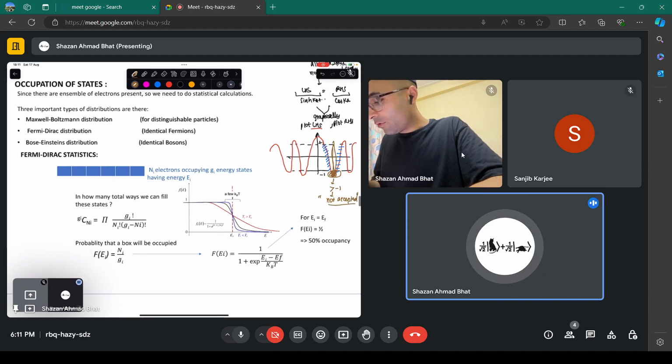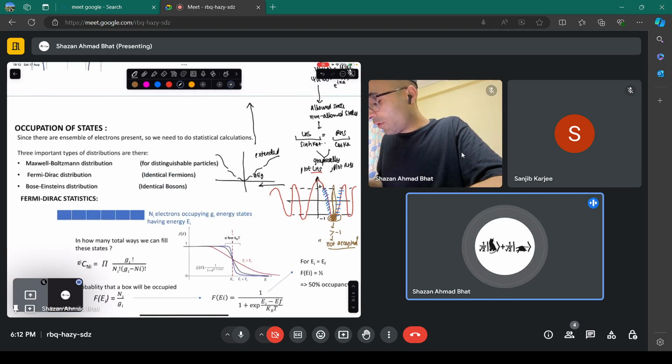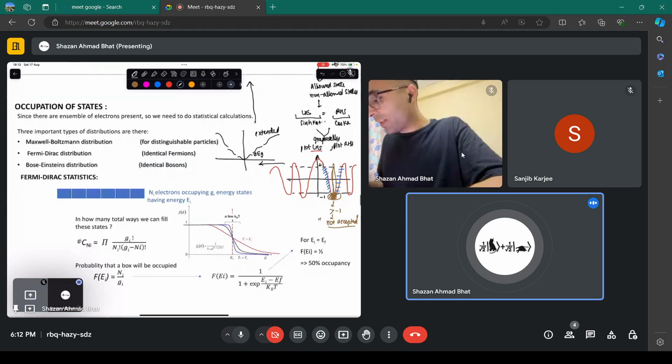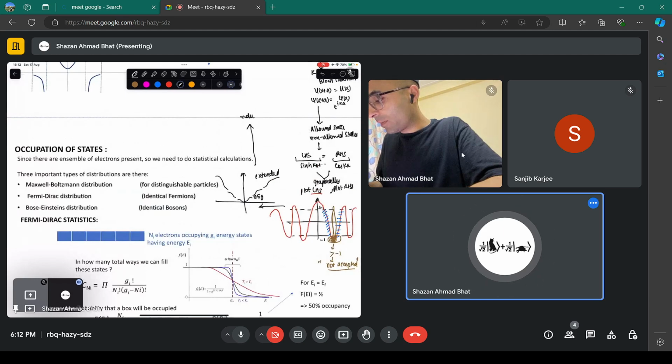And when we draw this particular figure in zone representation, this is the extended zone representation diagram. We draw this, and we get these bands, where this is the energy gap. Now we don't want to work in this extended zone representation. We want to simplify it, so we went to the reduced zone representation.